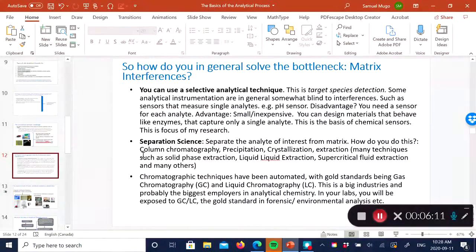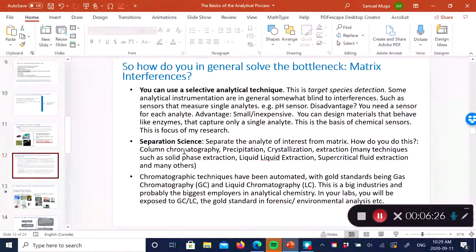Now, the other approach is where you do separation science. This is where you separate the analyte of interest from the matrices. And how do you do this? I think there are so many different methods of doing it.